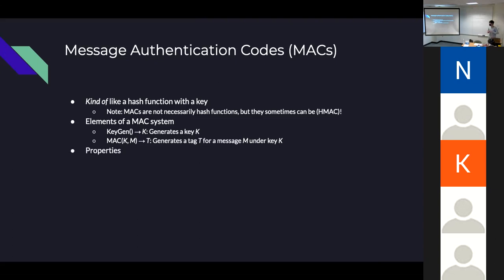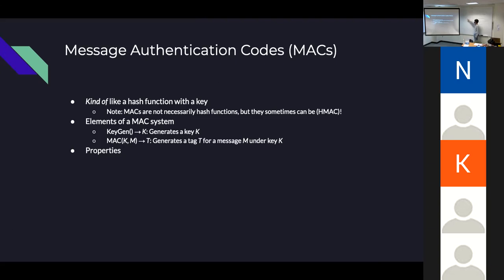Anyone want to tell me really quickly how we verify a MAC? Say you receive some message M and some tag, how would you verify it? Yes. You MAC it yourself. Yeah. So let's say I received from Alice, I got M and I got T. And I want to check, is the MAC under, say we share key K, of the message I received, are these equal?